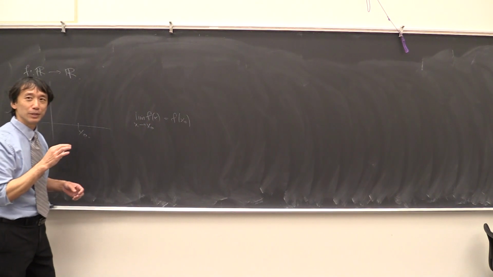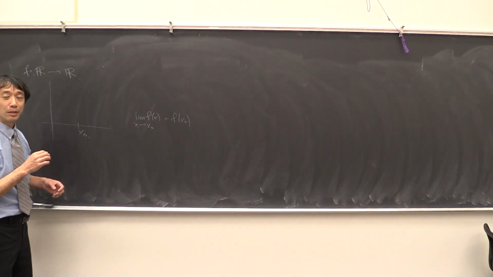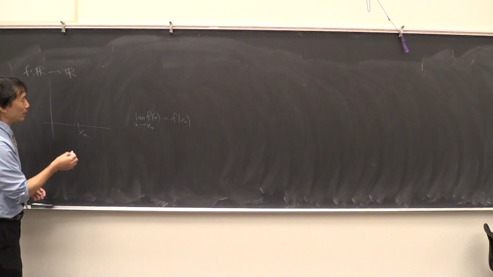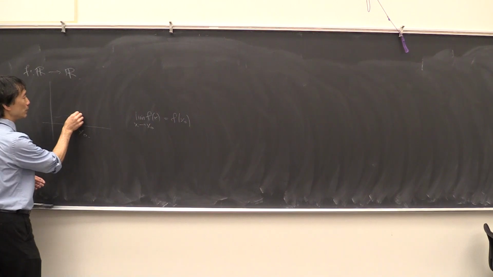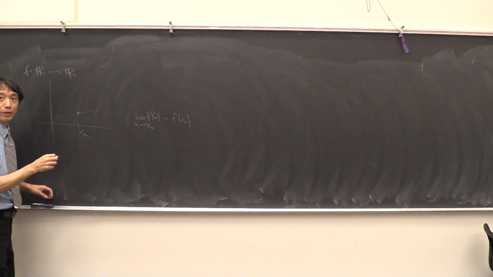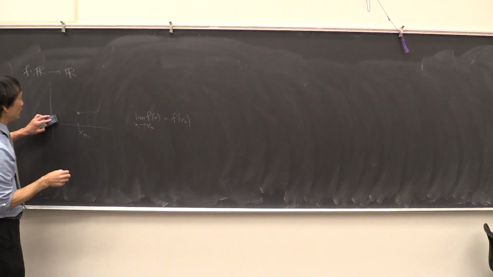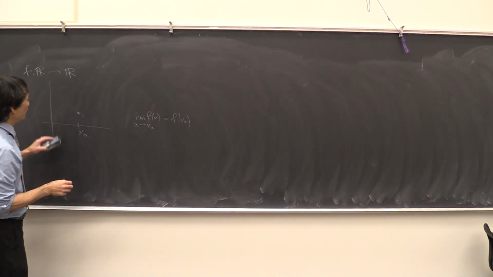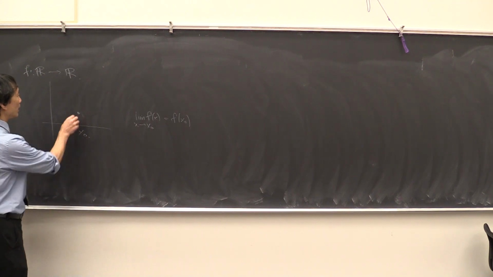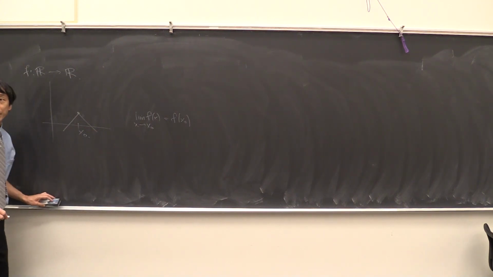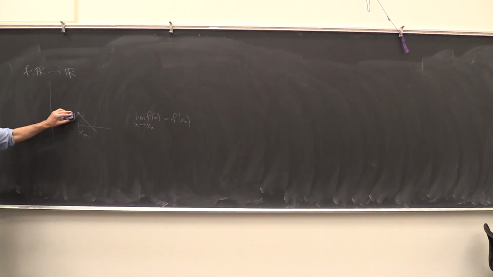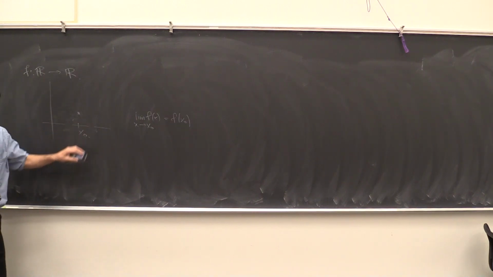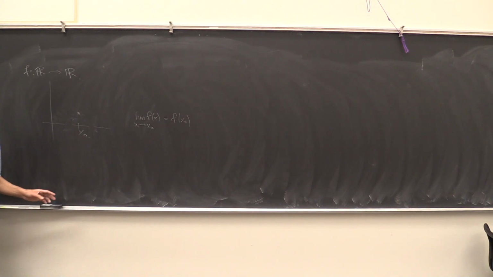So as you get closer to the point, your values get closer to the actual value at that point, right? You could have something like this, for example. Your values get close to there, but that's not differentiable. That's something else.